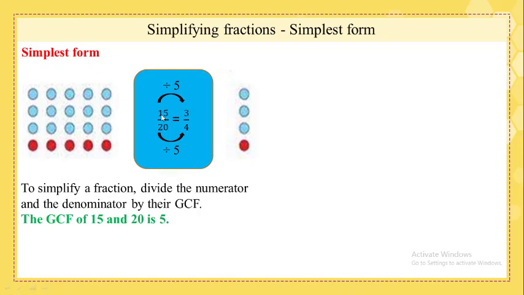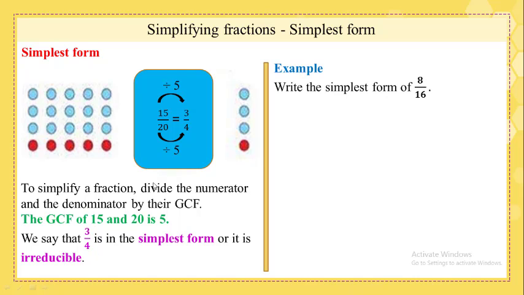So divide 15 and 20 by 5. 15 divided by 5 is equal to 3, and 20 divided by 5 is equal to 4. So we get 3 over 4. This fraction can be represented by this model. We say that 3 over 4 is in the simplest form, or it is irreducible.